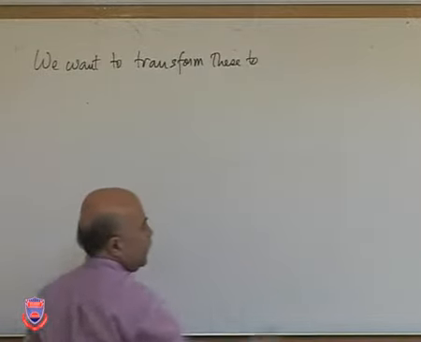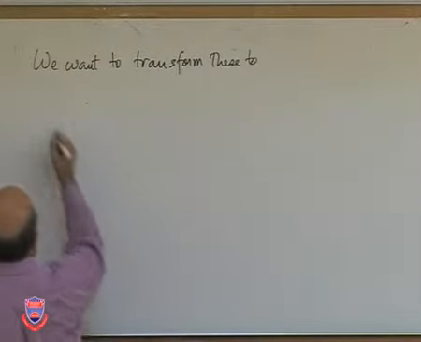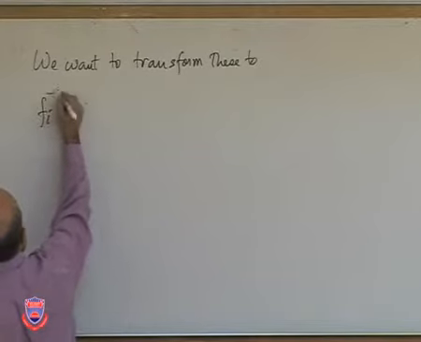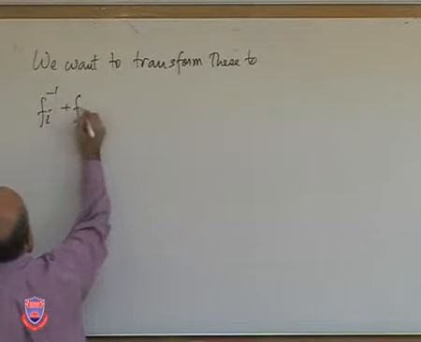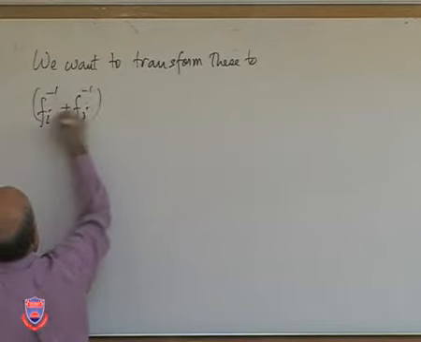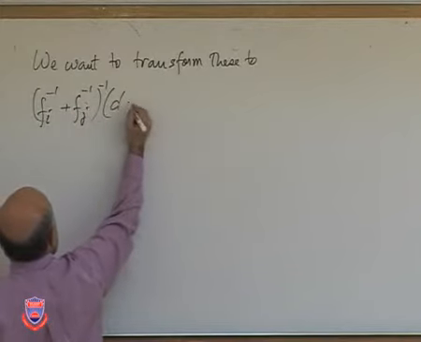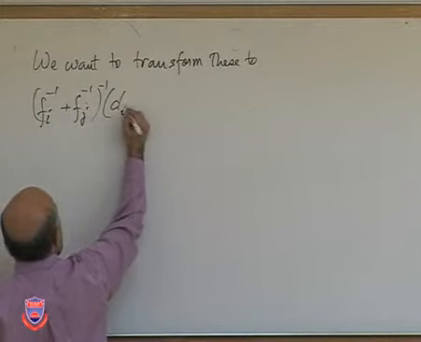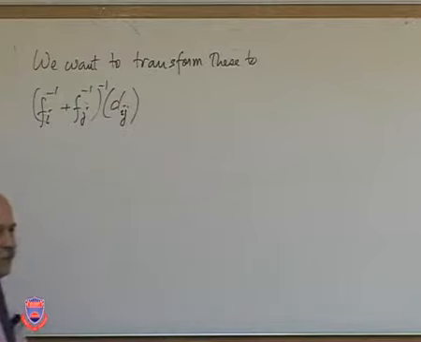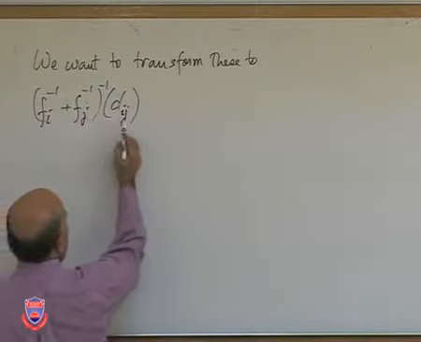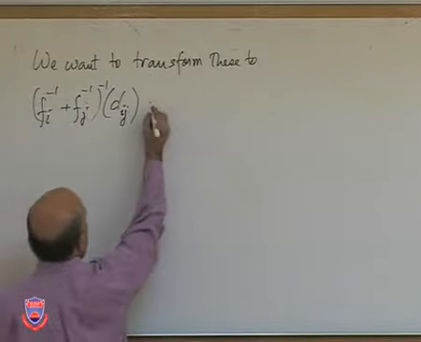So we want to transform the last set of inequalities to the following situation. Fi inverse, Fj inverse evaluated at, let me just write Dij to not make it too long. Dij is simply distance ViVj.